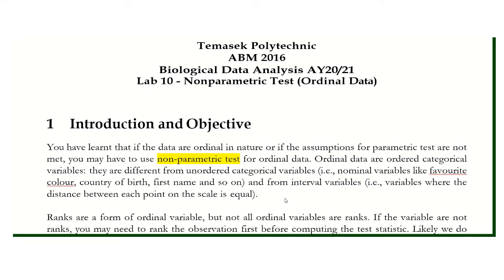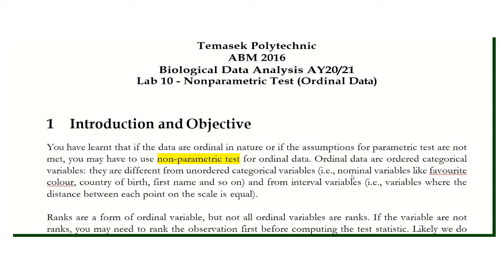Before we use R to perform non-parametric test, I want to stress what is ordinal data. Firstly, ordinal data are ordered categorical variables, and it is different from unordered categorical variables. You can use some examples to better understand what unordered categorical variables are, such as your birth country, your first name, birth month, or this.